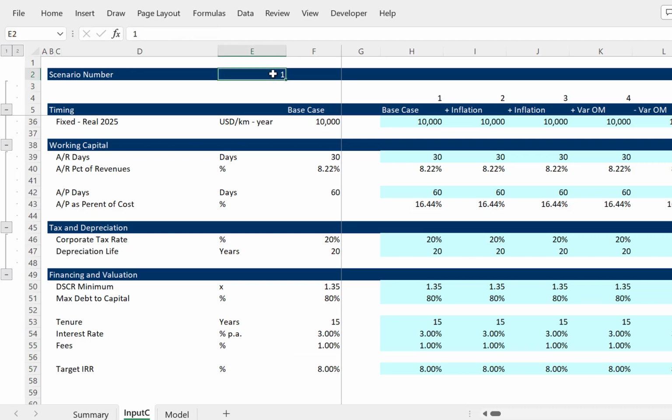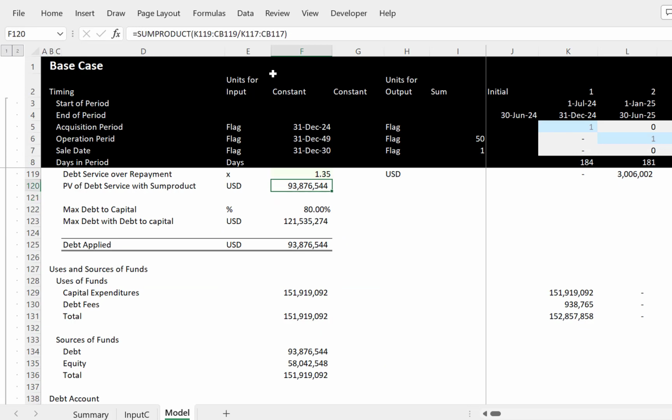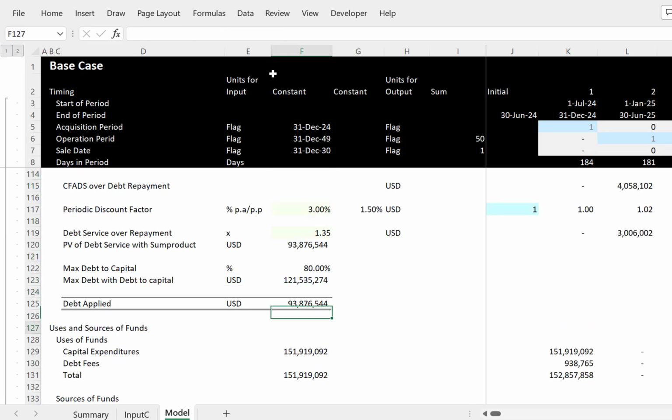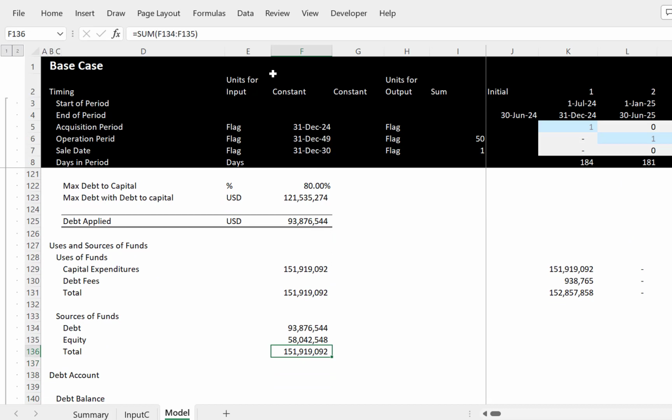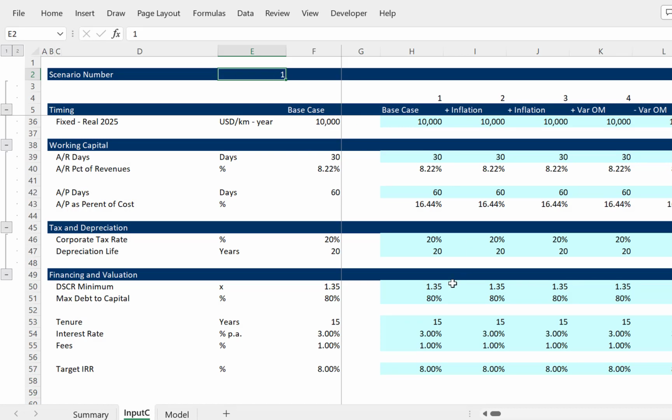Okay, in the base case, let's see what kind of debt to capital we have. It's not a major thing to take this divided by this. Okay, we have 61%, and it adds up, I hope, to 100%. To get the debt to capital to be put into place, we'd have to increase this to something like 15%.